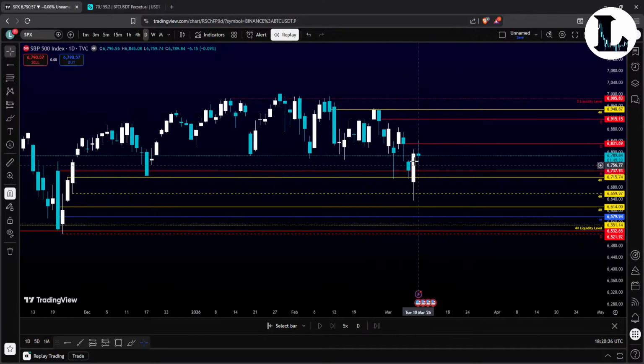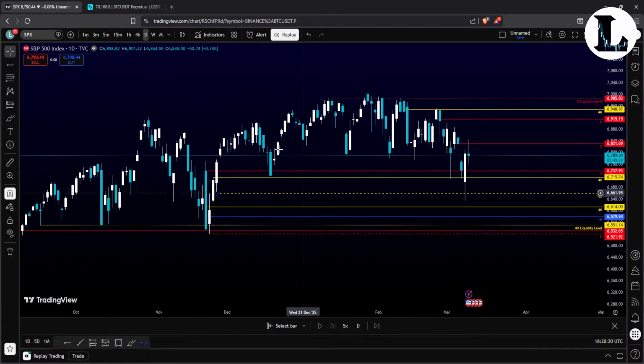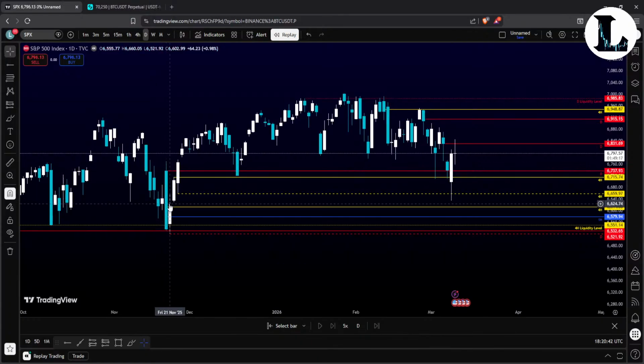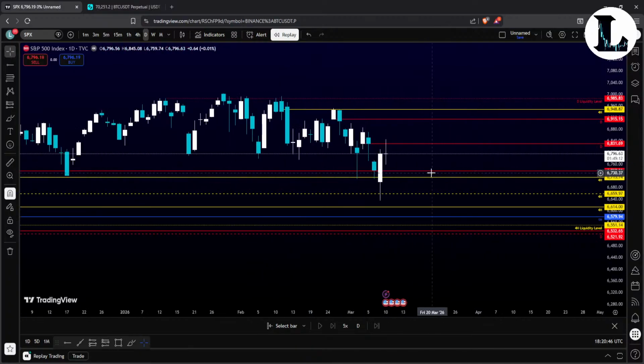Yep. The only problem is that we don't have a strong daily support, at least in this range. Okay, we have this one here. We are trying to break down. The moment that we open and close a bull candle inside this candle, I will become bearish on the SP500. For now, it's still bullish.